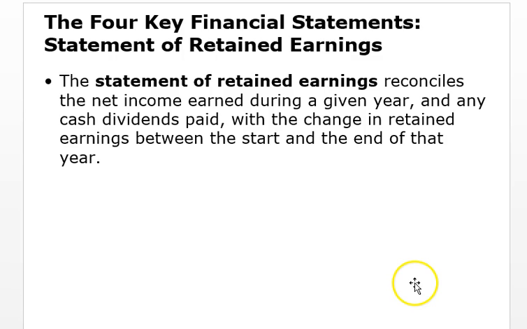Statement of retained earnings. This reconciles our net income during the year and any cash dividends paid or any retained earnings. And like I was saying, this is a very important concept. Any money that's made, there's two choices. You either pay it out as dividends to your shareholders, or you save it internally in the company to reinvest.